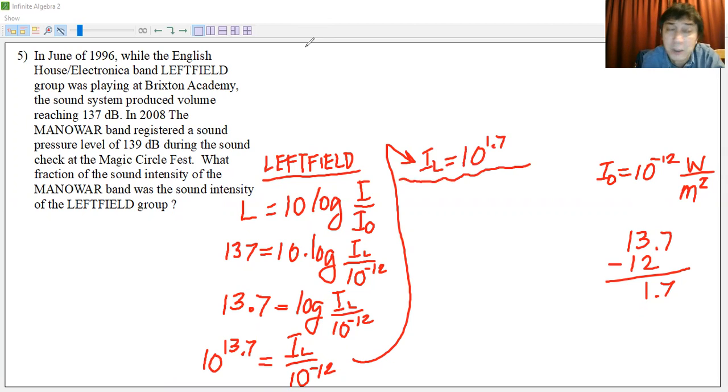Now let's have the second statement. In 2008, the Manowar band registered a sound pressure level of 139 decibels during the sound check at the Magic Circle Fest. So we have the second band named Manowar. These are the bands with the loudest sound.